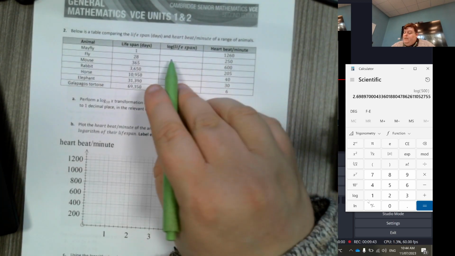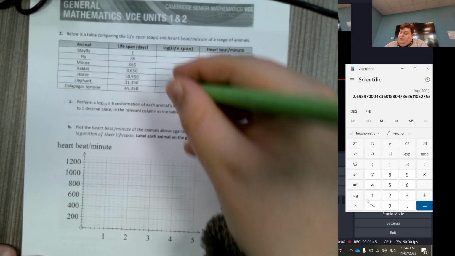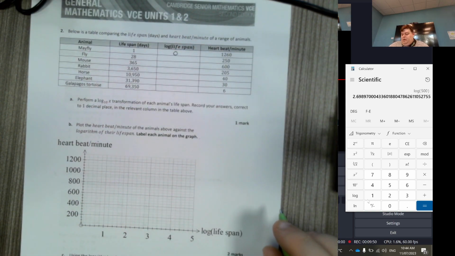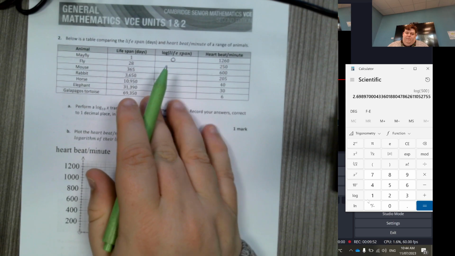Alright, now we're doing the log of the lifespan for this graph here. So log, that would be 0, just because anything to the power of 0 is 1.